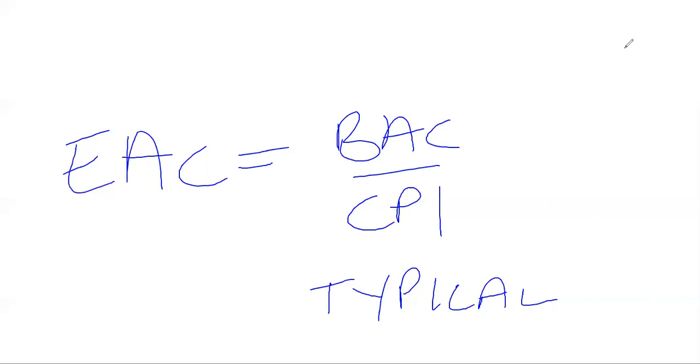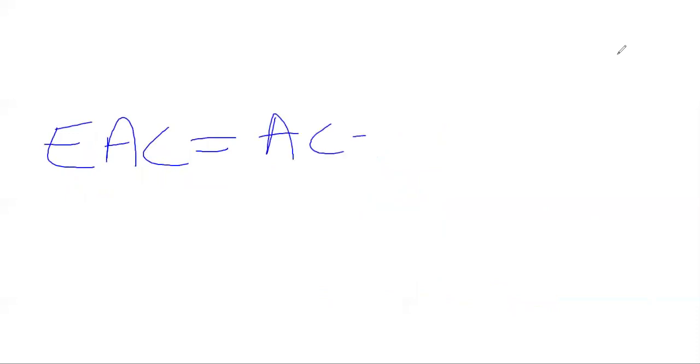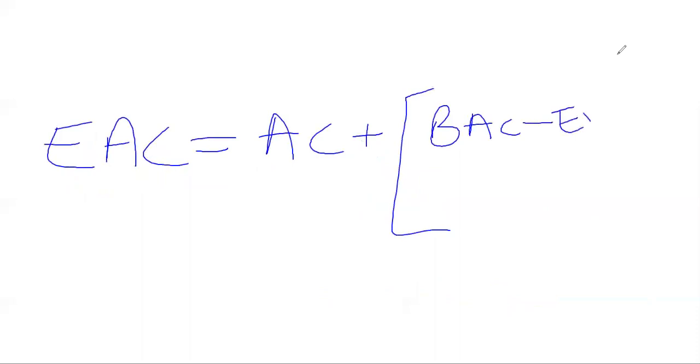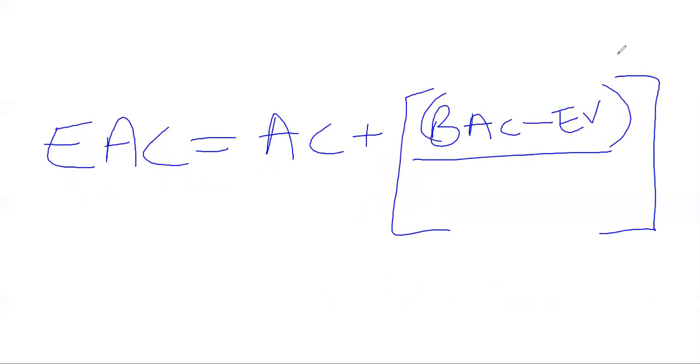Let's take a look at the final one. The final formula is very similar to the second. This is based on the current cumulative CPI and SPI. So we have AC plus exactly what we had in the second formula at the top, and we divide this by the SPI cumulative times CPI cumulative.